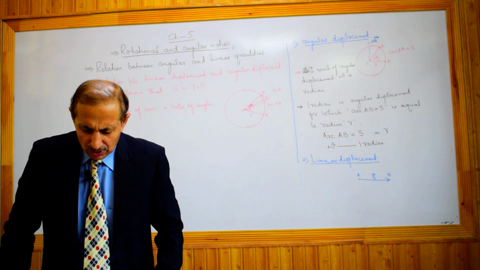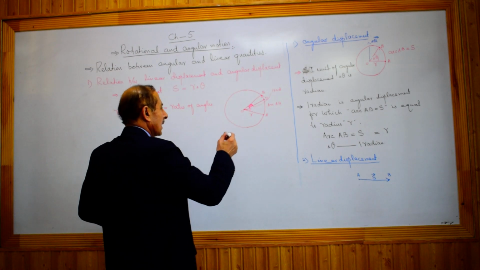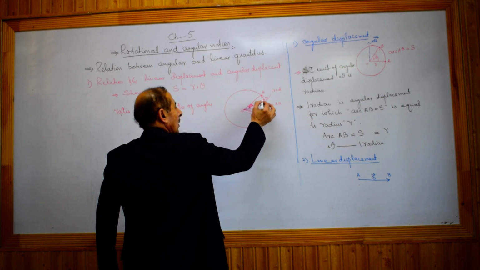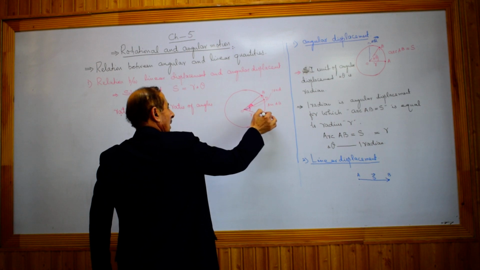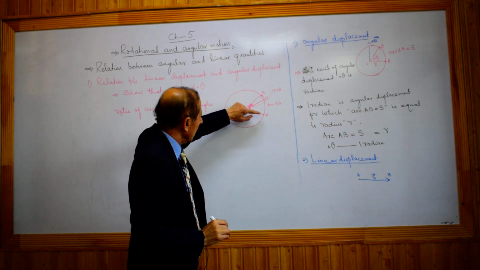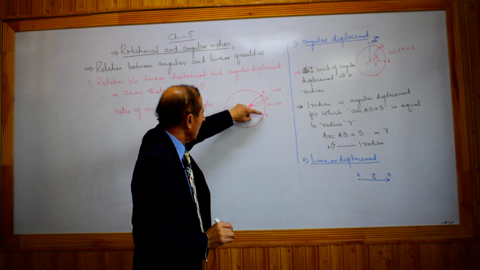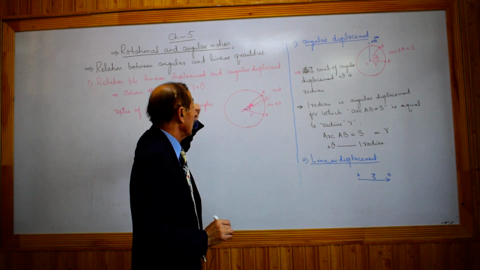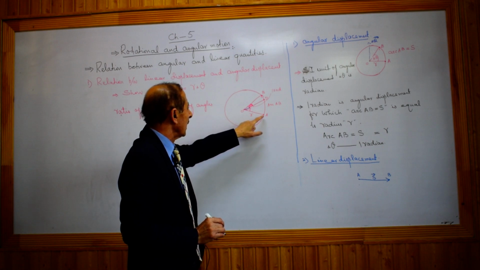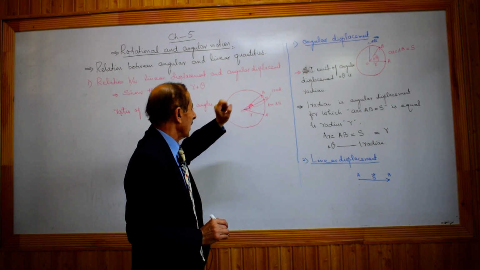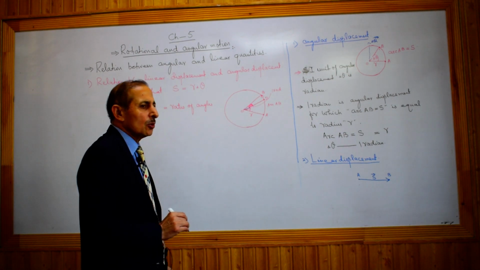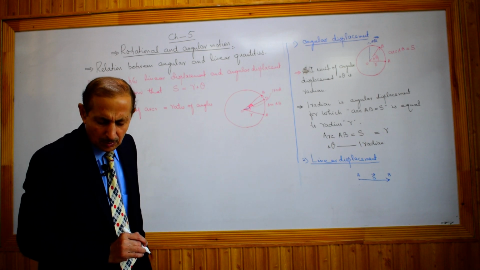We will consider the two triangles, suppose the AOD triangle. So the ratio of the arcs, one arc is arc AB, another arc is arc DB, and the ratio of the angles, one angle is angle AOB, another angle is angle DOB. So between these two angles we have to find the ratio.